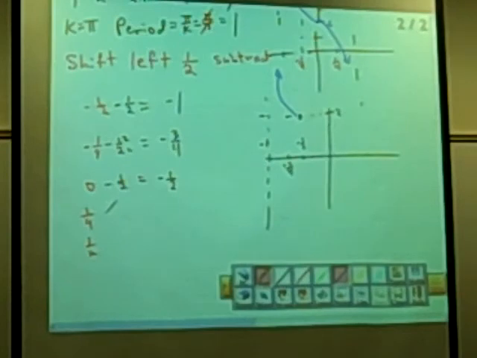Okay, so let's keep going. -1/4 -1/2, right? And so that'll be -1/4, right? Okay, and then 1/2 -1/2. Our right asymptote is at 0, right? Okay?